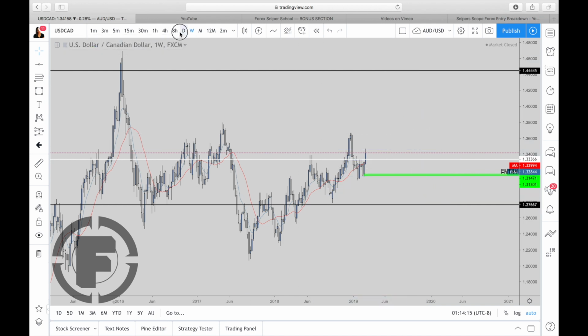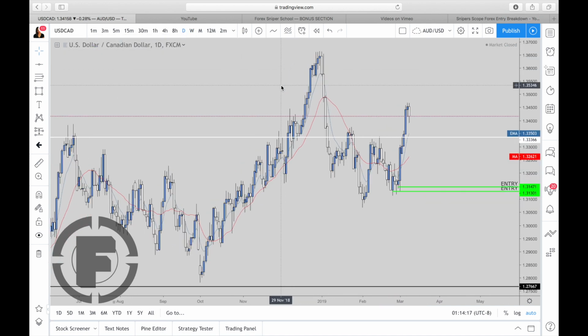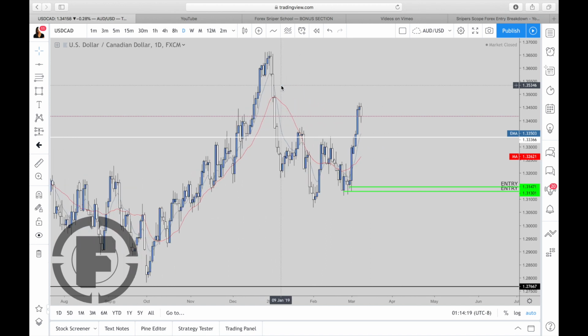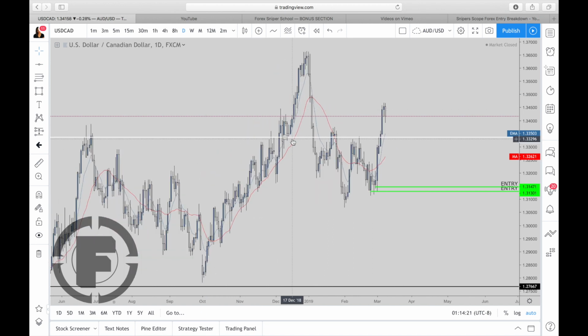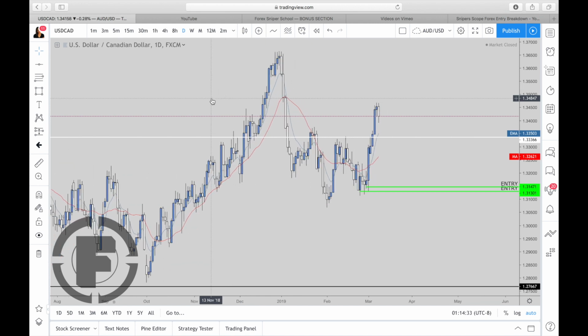Then we went to the daily time frame to review the overall projection. Since the weekly had already broken to the upside, we were expecting some type of pullback before moving to flow with the higher time frame's overall momentum and projections.